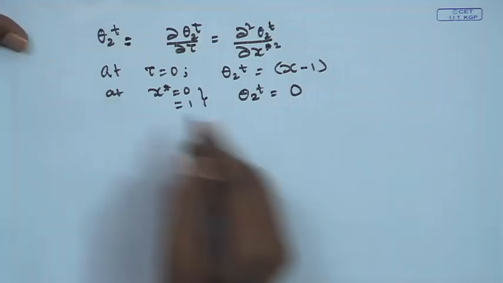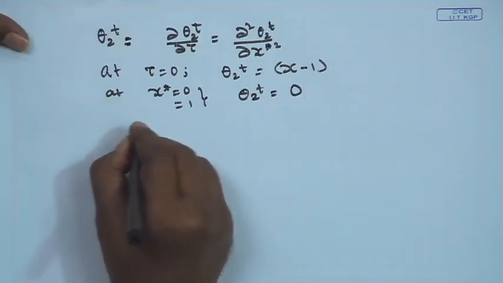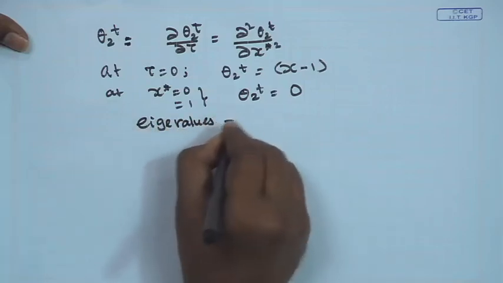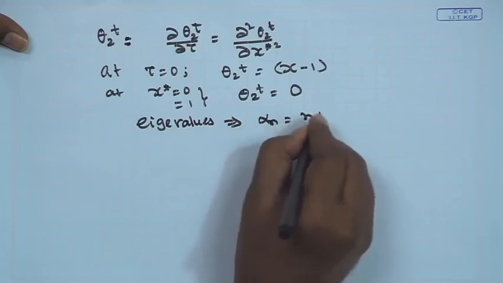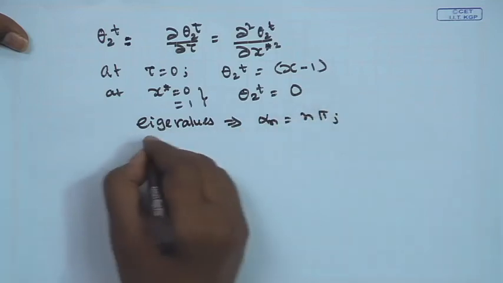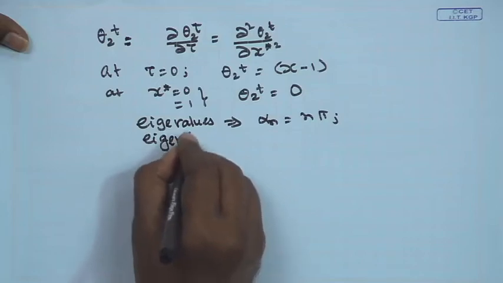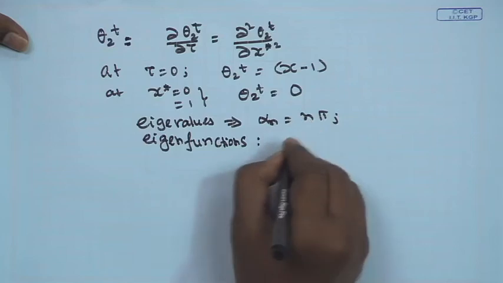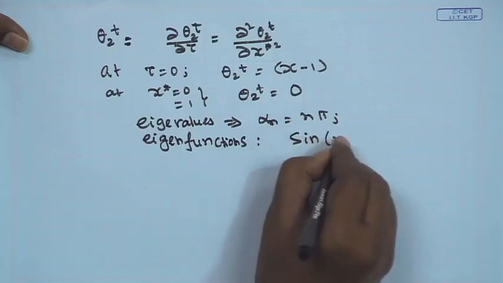If you remember, this is a problem of parabolic partial differential equation, a well posed problem of the first kind, where we had the Dirichlet boundary conditions. If you look into this problem, it has the eigenvalues alpha n equal to n pi, and the eigenfunctions are the sine functions, sine n pi x star.